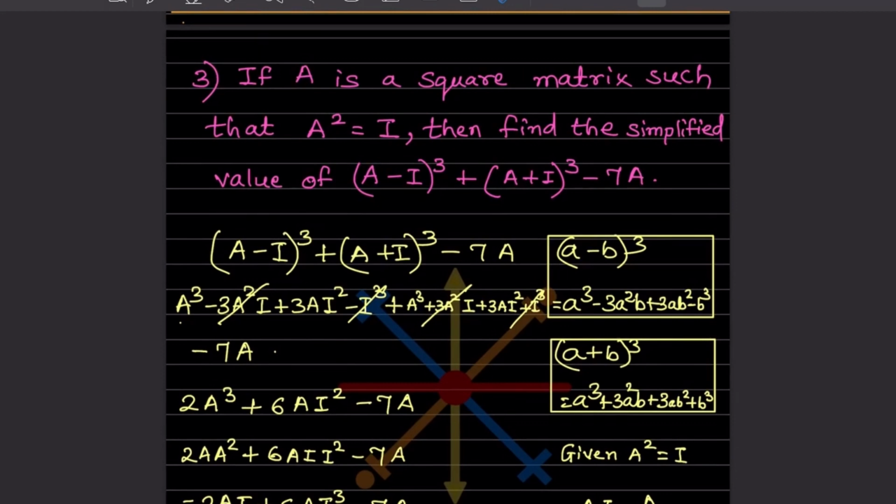Now look at here, A is a square matrix such that A square is equal to I. Then find the simplified value of (A minus I) cube plus (A plus I) cube minus 7A. So let us start with this one. Now (A minus I) cube is nothing but (A minus B) whole bracket cube. So this is the formula for that. What is that? A cube minus 3A square B plus 3AB square minus B cube.